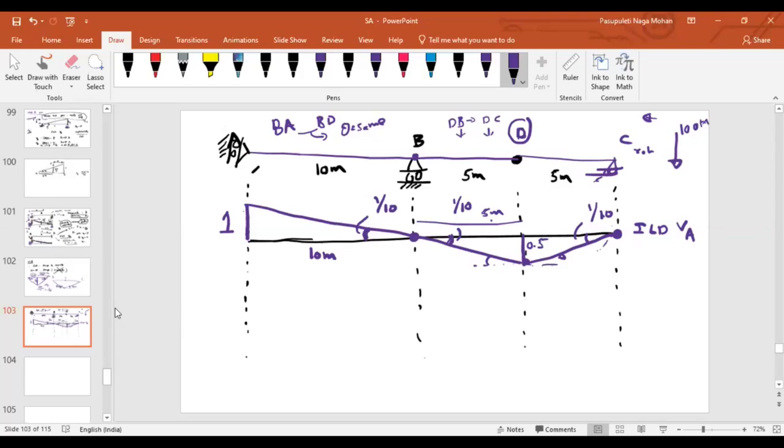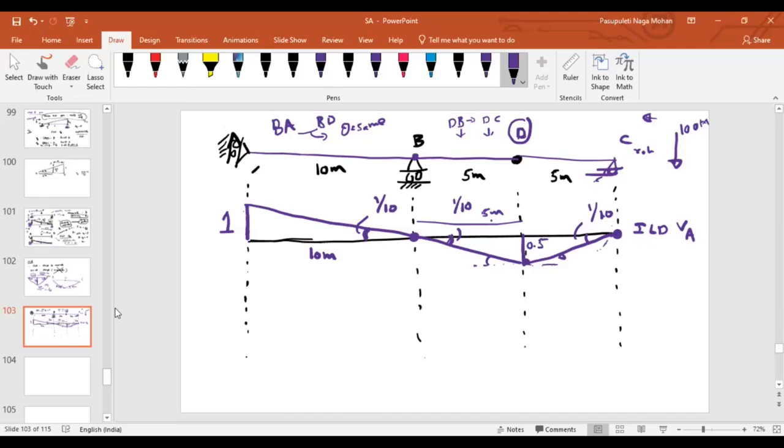If the load is at D, what is the reaction at A? 0.5 into 10 is 5 kilonewton. The load is 100 kilonewton, so it is 50, that is, the ordinate into the load.